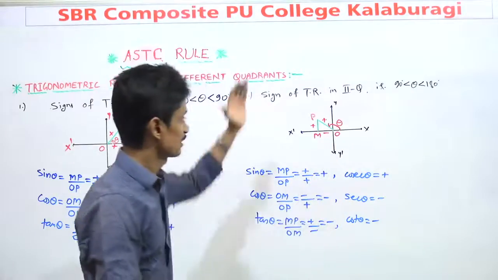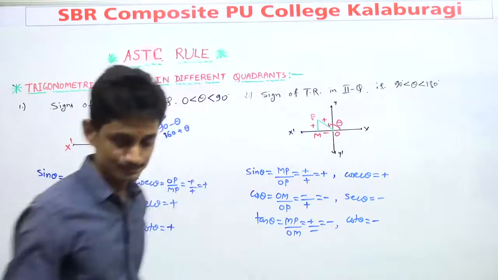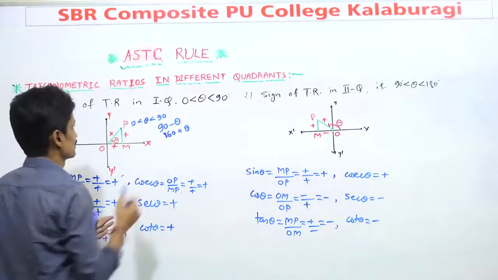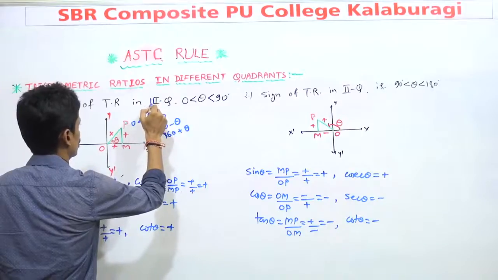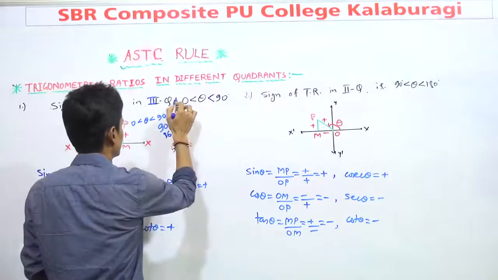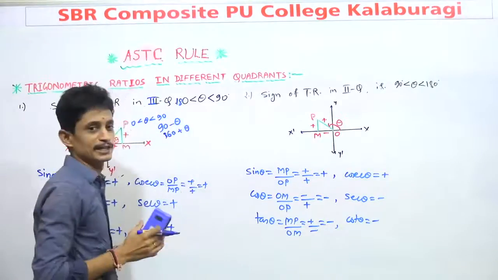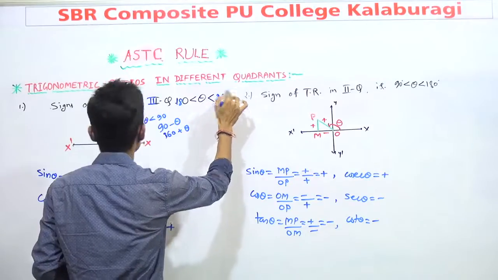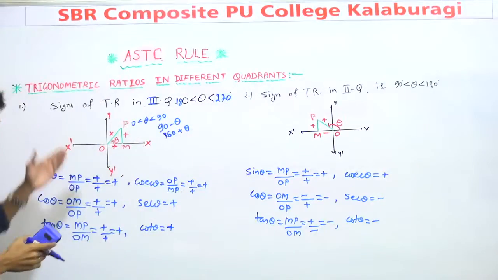Okay, let us start with the third quadrant. The third quadrant means after 180 degrees but before 270 degrees.